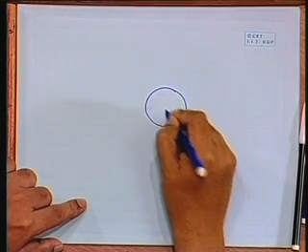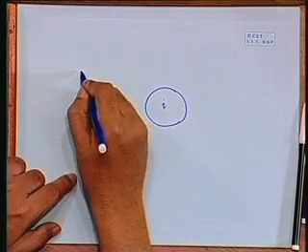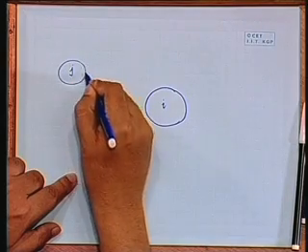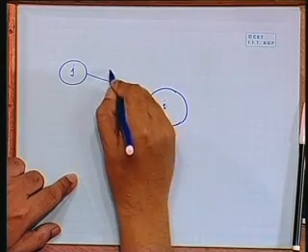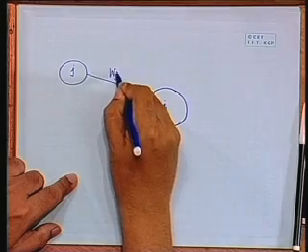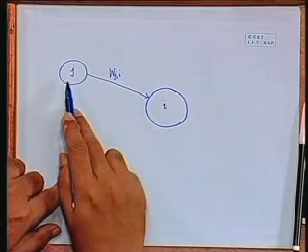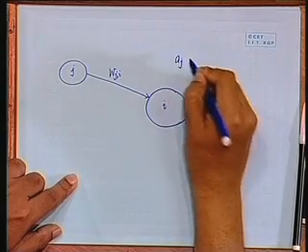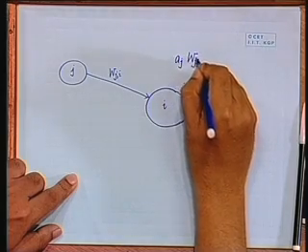Suppose this is our neuron I, and I have neuron J feeding into this, with a weight of WJI. Then the input that I receives from J is the activation of J times WJI.